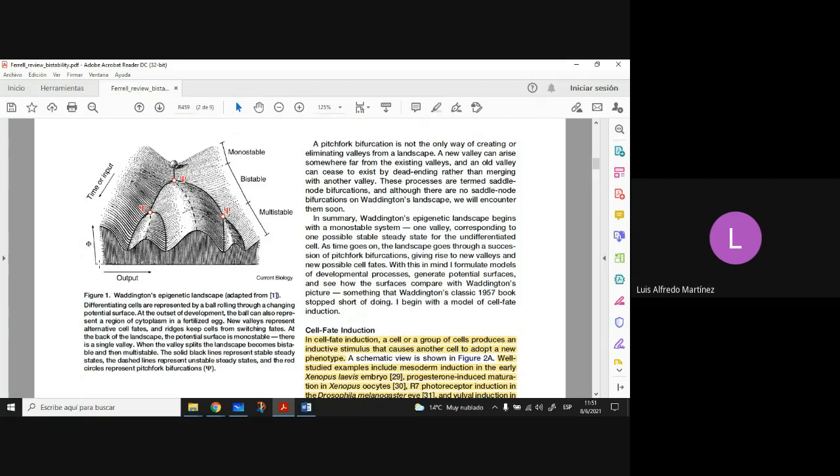From the X axis to the Y axis is the time, and the vertical Z axis represents the potential function. The potential function determines both the existence of the genes, proteins, and metabolites in biology.